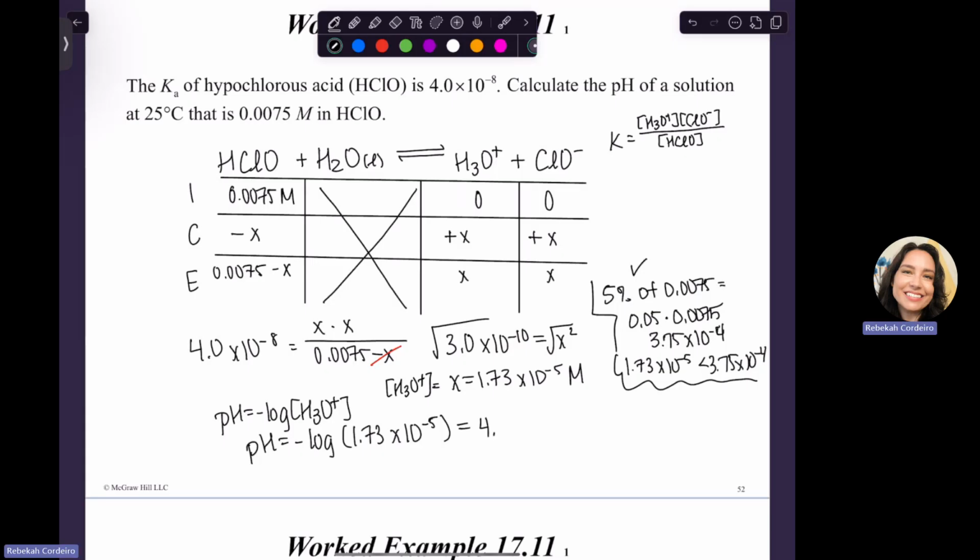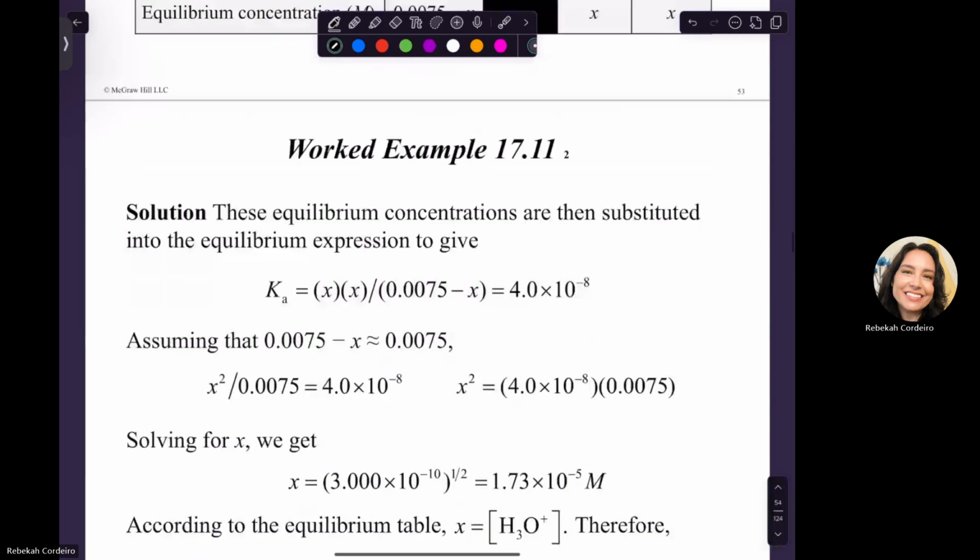So we would get 4.762. That's 3 sig figs, but our starting value should be 2 sig figs. I'll keep the 3, but I'm going to round it to 2 sig figs so that my answer has 2 digits after the decimal. Let me know if you have any questions by texting me, and I can help you out. We're going to do some more practice with this in class, of course.